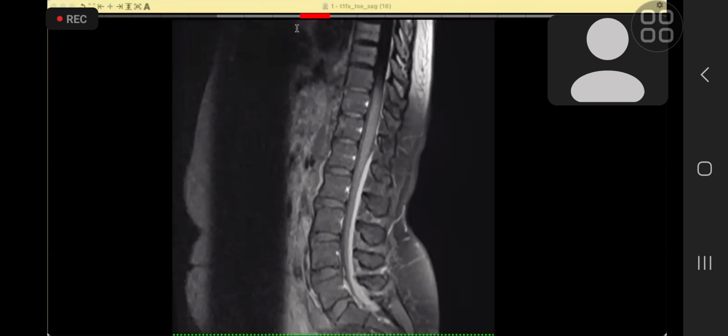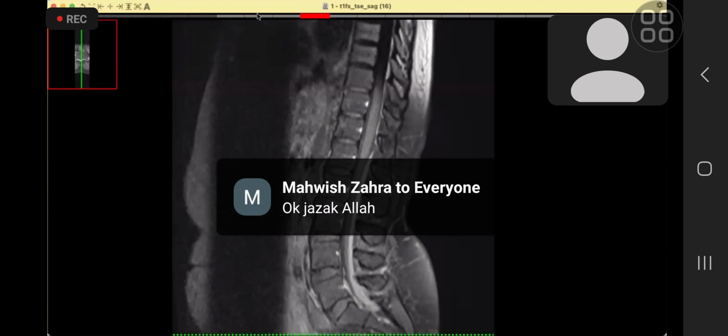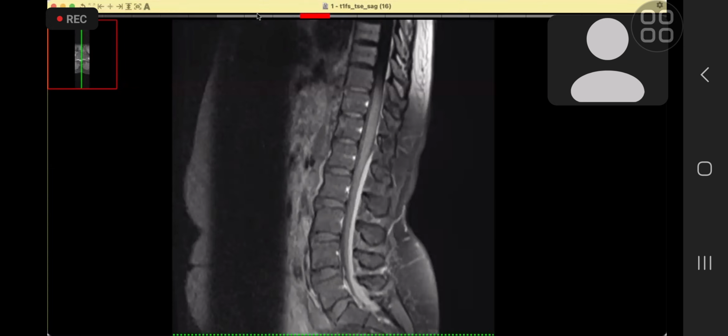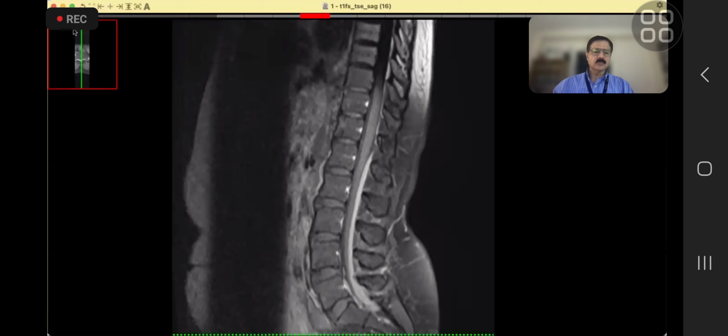I would like to correlate with the axial slices at the slice of interest, and I would like to compare with any previous imaging to see if this is a new finding. If this is a new finding, I think one way to differentiate between these differentials would be to discuss the clinical history with the clinical team, and I would also like to image the rest of the neural axis. Okay, thank you.